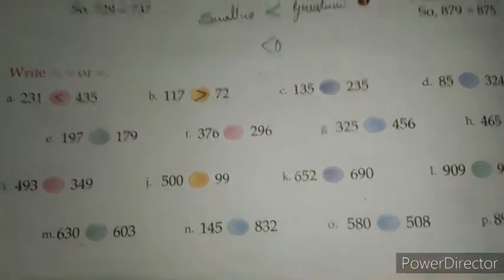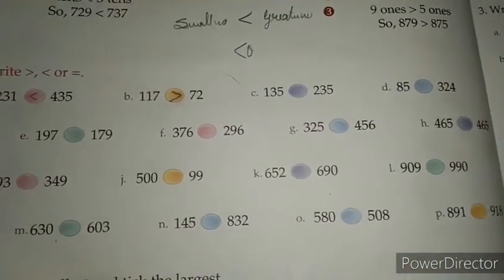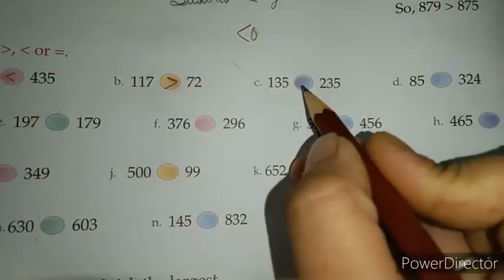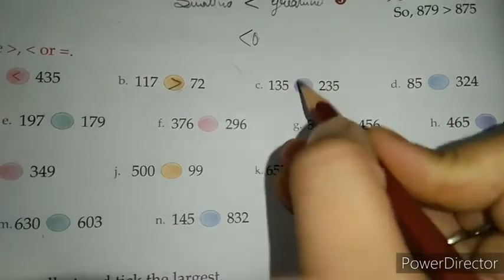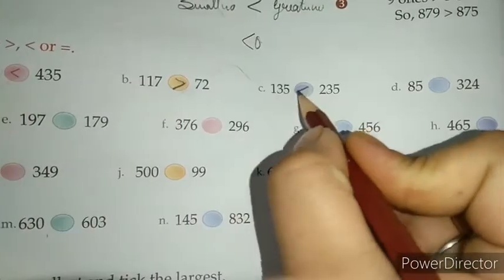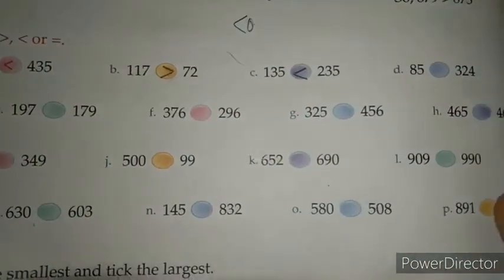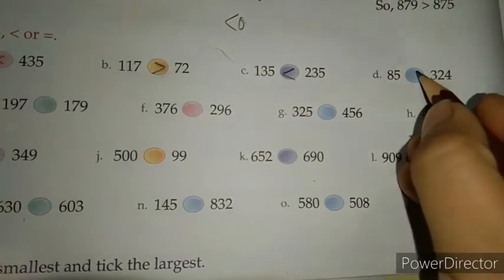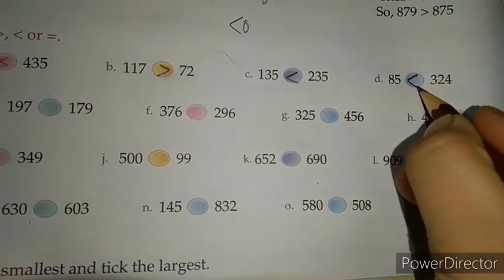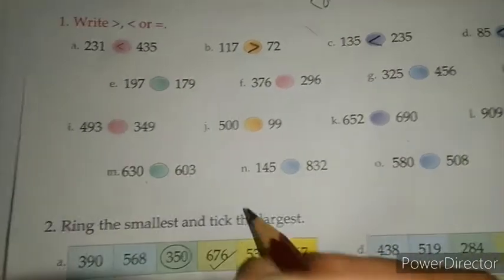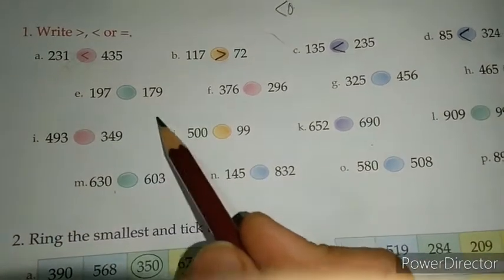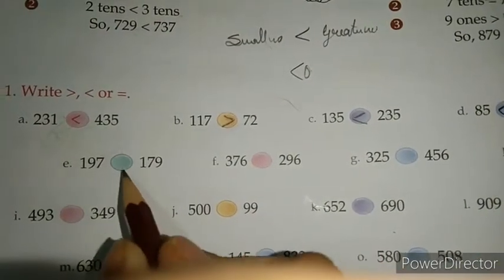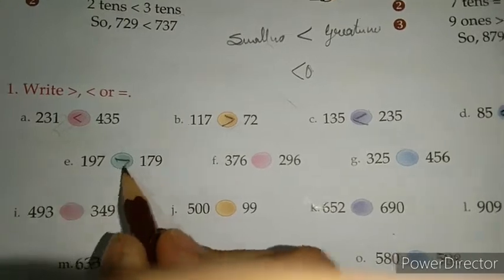Next one, 135 and 235, then 135 is smaller than 235. Here 85 and 324, then 85 is smaller than 324. Next one, 197 and 179, then 197 is greater than 179.